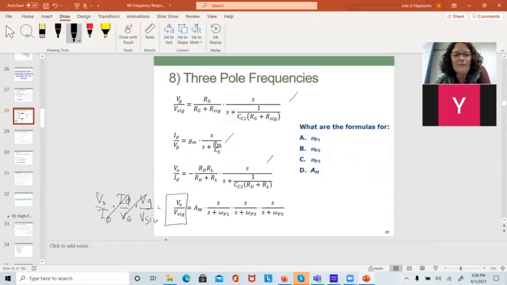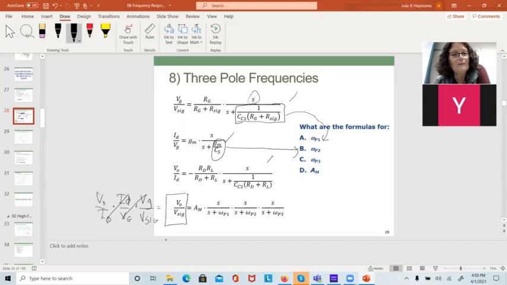For this one right here, this looks like a high pass filter because it's got the s in the numerator. And it has a 3 dB frequency, or omega naught, at 1 over C_C1 times (R_G plus R_sig). So this is going to be one of my poles right there. My second pole is going to be at g_m over C_S.